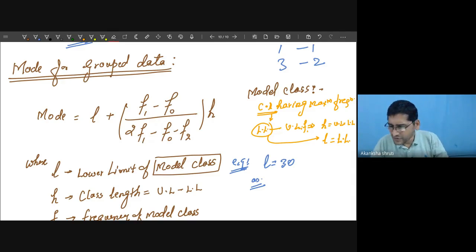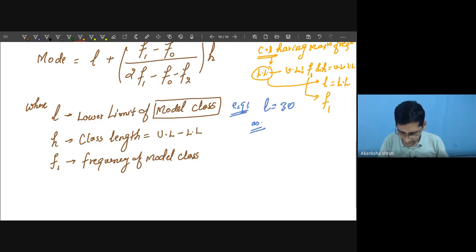So this thing we have to understand carefully, that for the given interval, the frequency given is denoted by F1. So these three things, h, L, F1, are determined with the help of the model class.